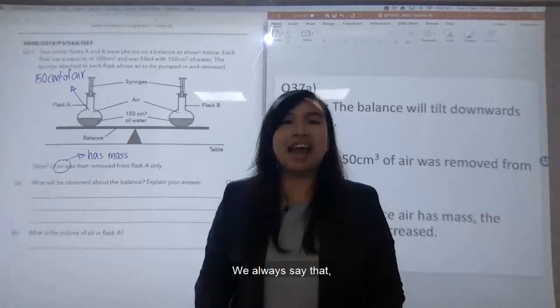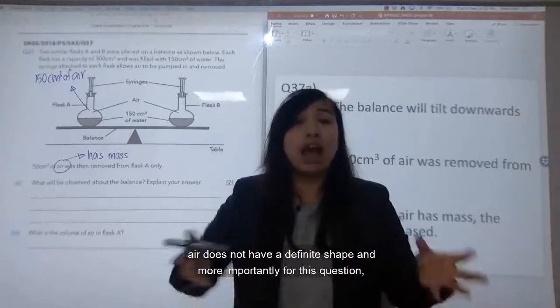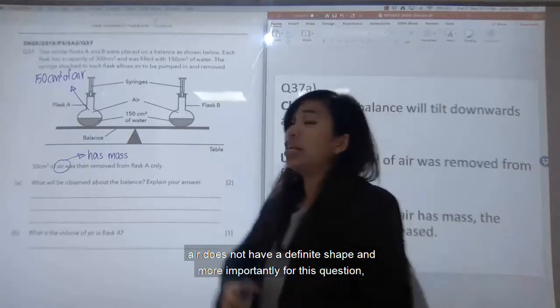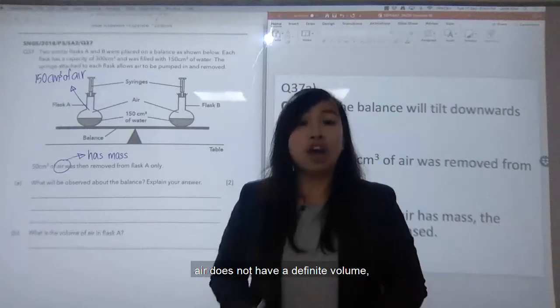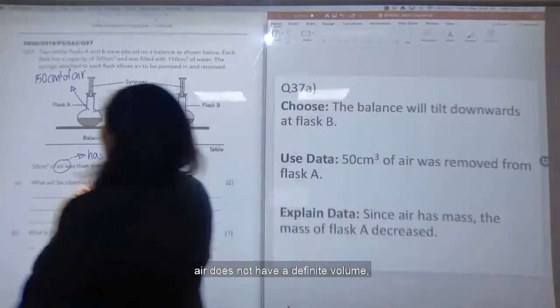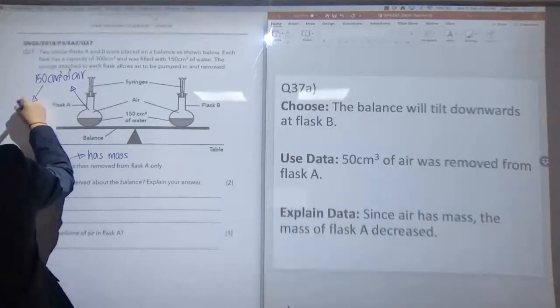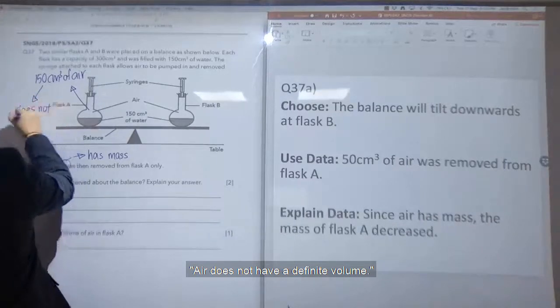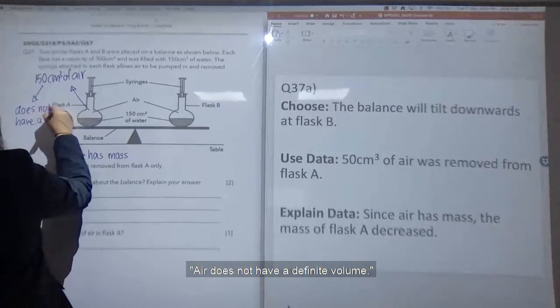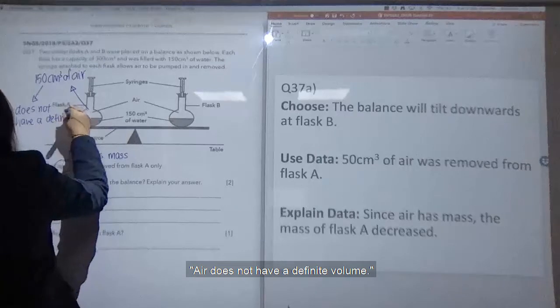We always say that air does not have a definite shape, and more importantly for this question, air does not have a definite volume. So I'm going to write this here. Air does not have a definite volume.